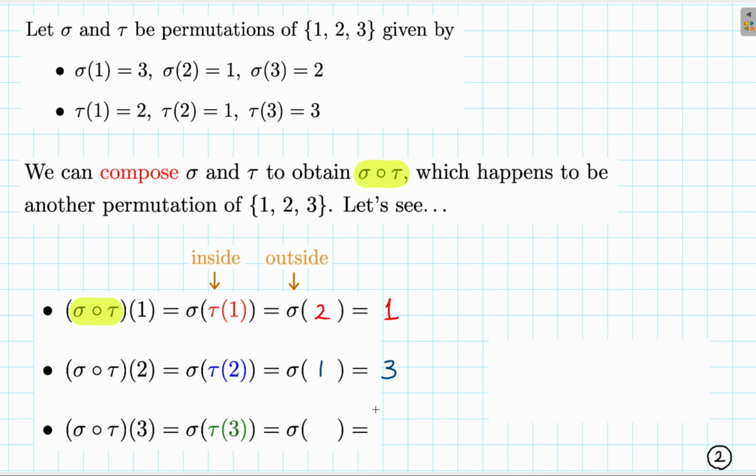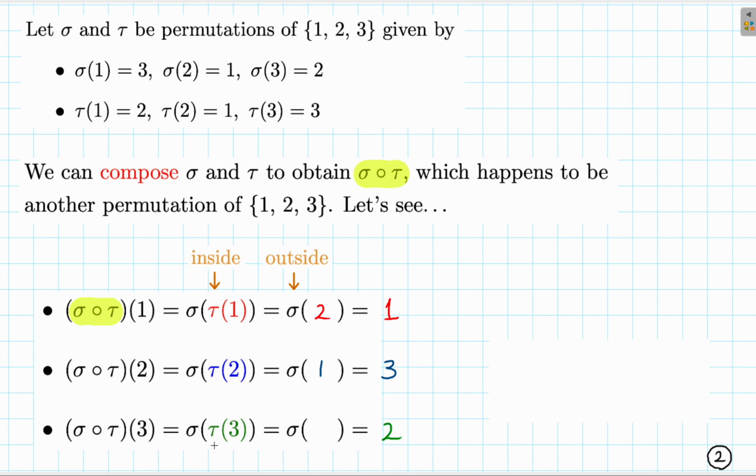Now, if we're believing that sigma composed with tau is also a permutation, then its three outputs have to be different. So if the first two outputs are 1 and 3, let's hope that the final output is 2. But let's actually verify that. Sigma composed with tau of 3 is sigma of tau of 3.